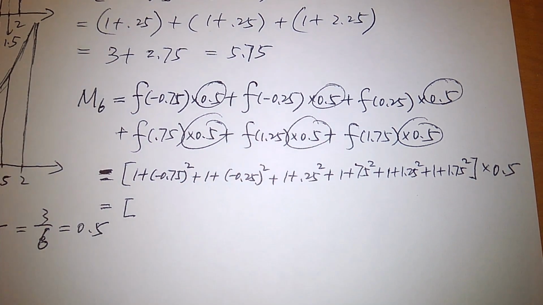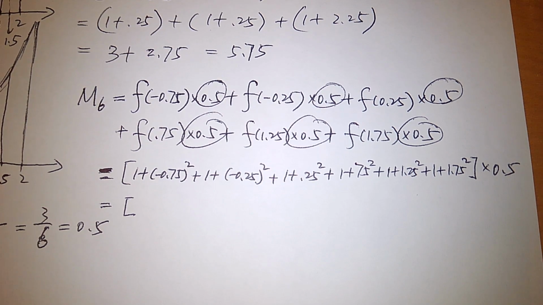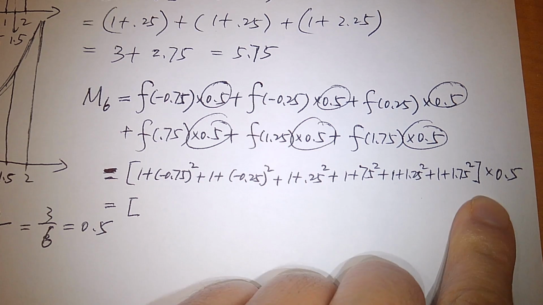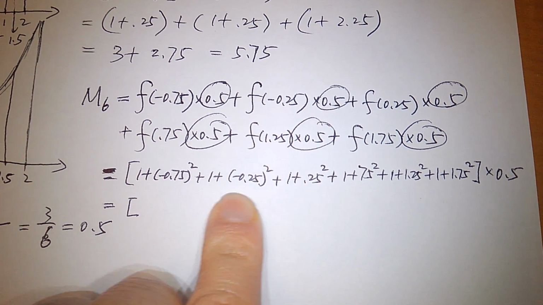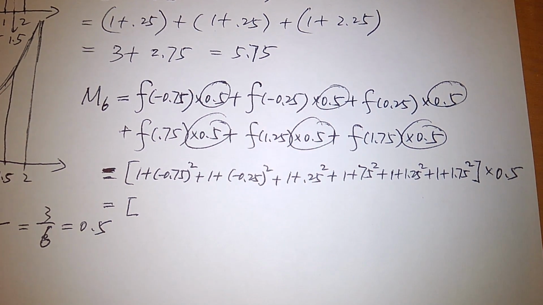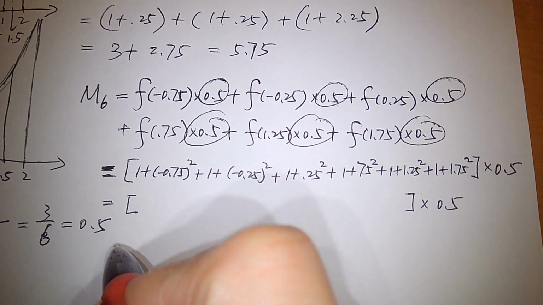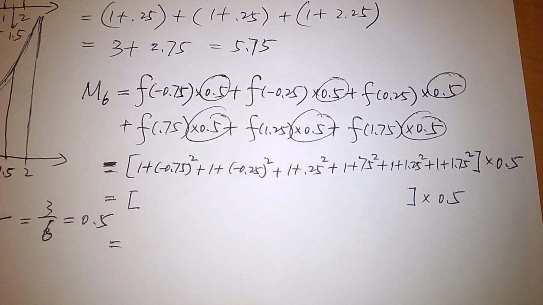So inside of the bracket, we just need to add up all of these. You can use your calculator. And then eventually times 0.5. So we should have an answer.